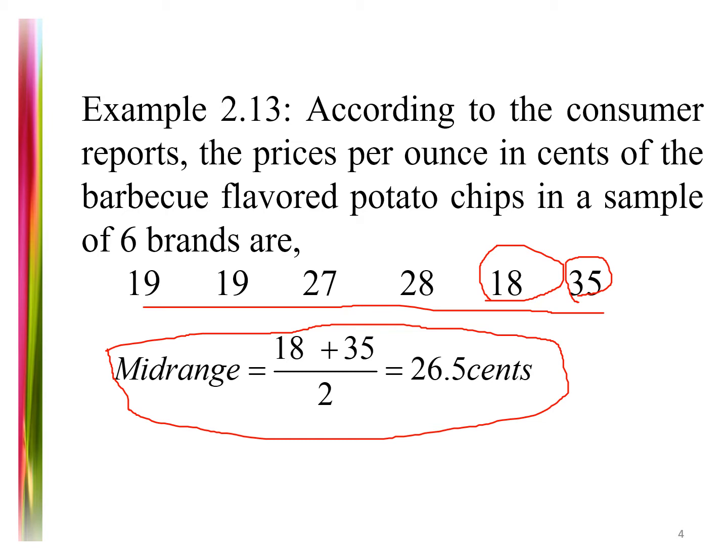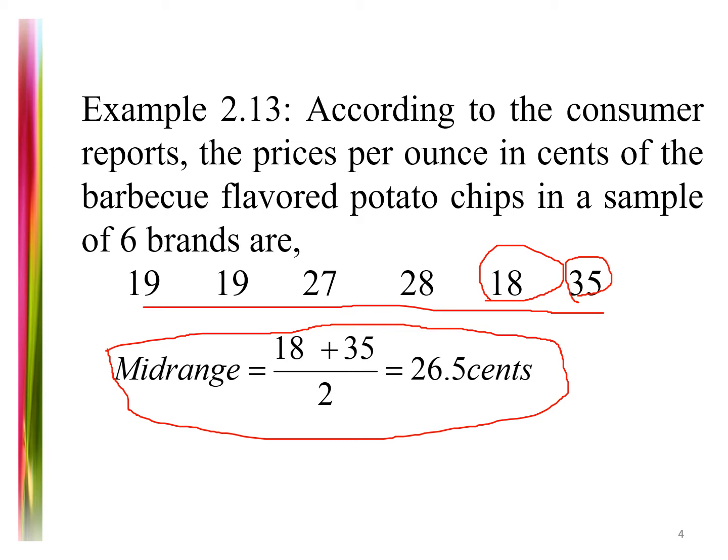Now suppose you calculate the median value. First you have to rearrange this data in increasing order: the first observation 18, then 19, 19, 27, 28, 35. In this case we have a total of 6 observations. So 6 plus 1, 7, divided by 2 is 3.5, the 3.5th observation.